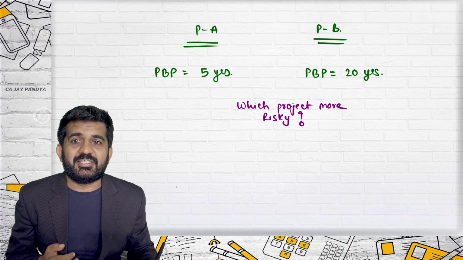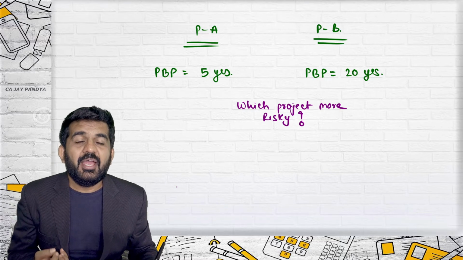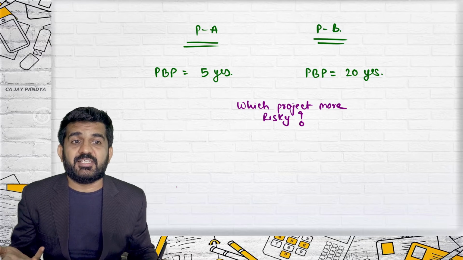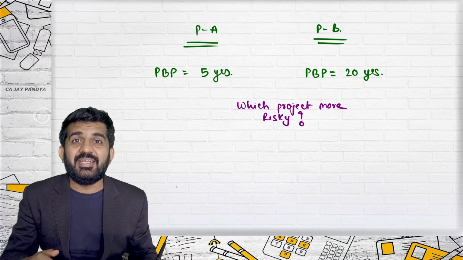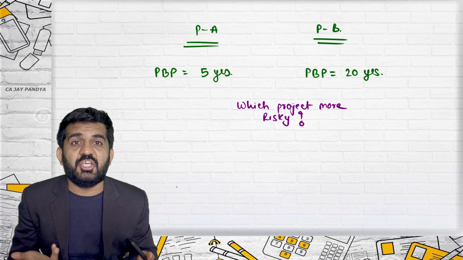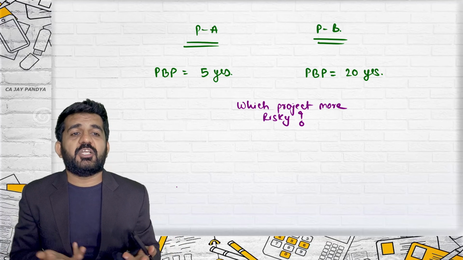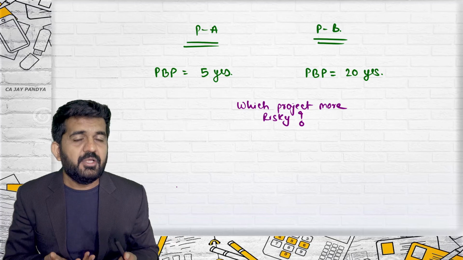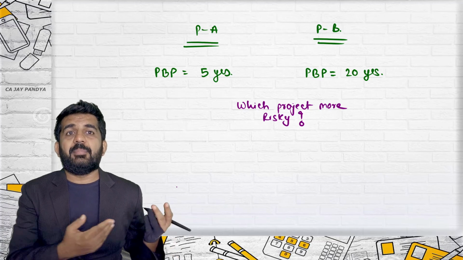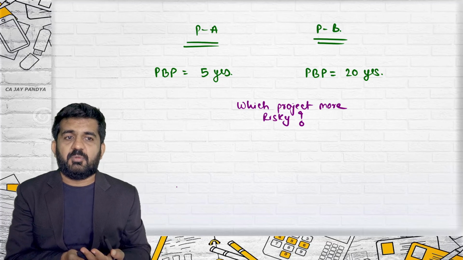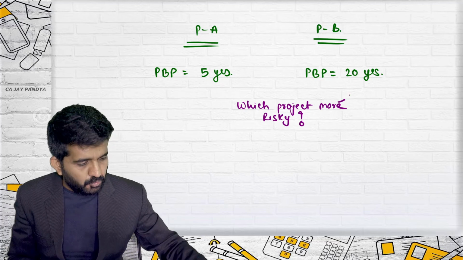So try to understand. This gives you an idea about the project's risk: in how many years it will be recovered. If it is 20 years, what will happen in 20 years? No one knows. So this project might not be profitable in the long run, because this is a long run project, and we don't know what will happen after 5 years. How will we come to know what will happen after 20 years? So project B is more risky.